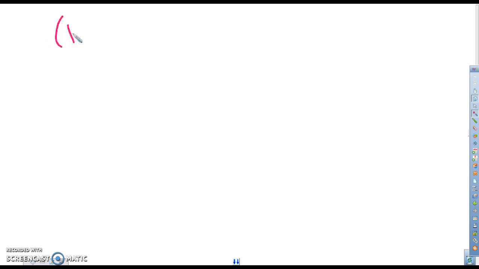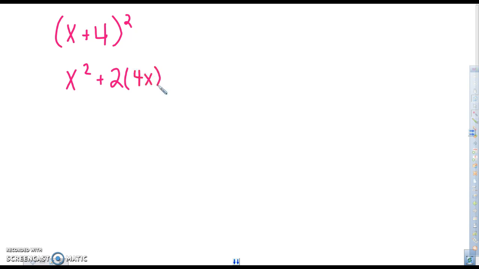So let's say I have x plus 4 quantity squared. So I know that I square the first, that A term, A squared, and then I have 2 times the A times the B, so 4x was A times B, so 2 times that, plus my B squared, which is 16.